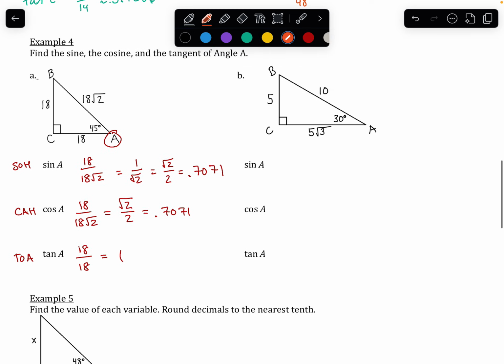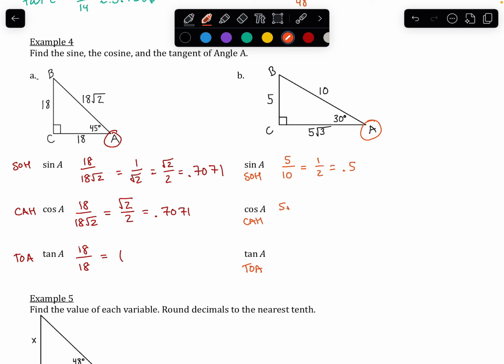Now look at my next one. I have A. Opposite 5 over hypotenuse 10 equals a half, or equals 0.5.